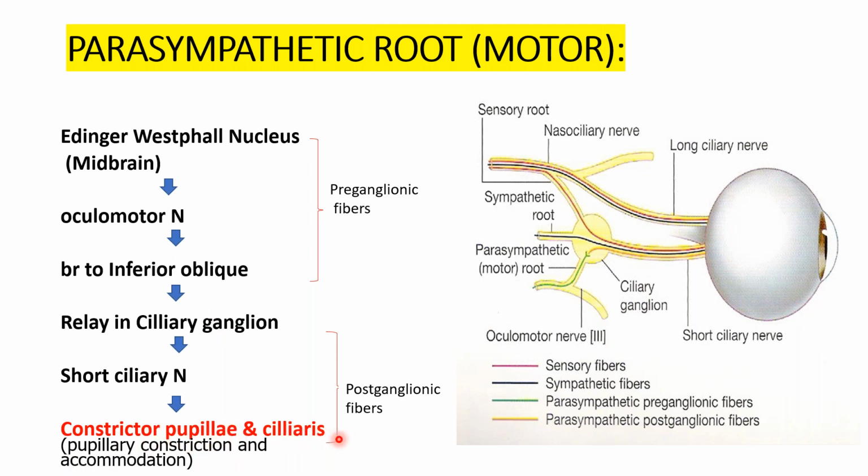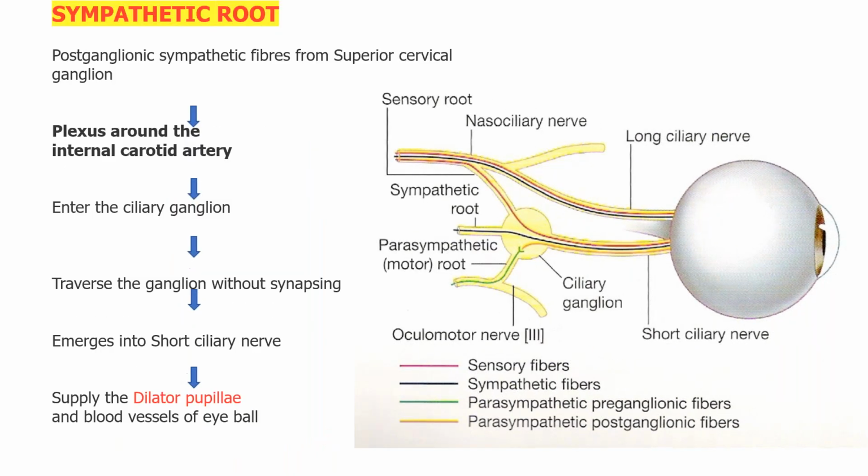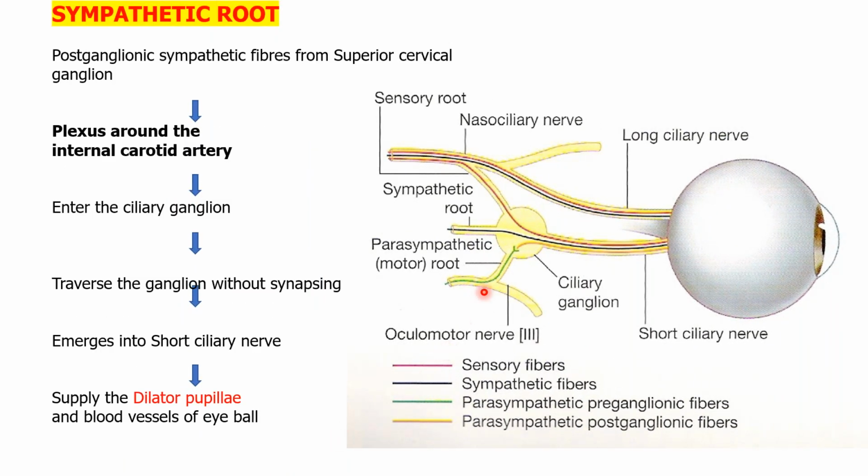Another flow chart that is important for you is the sympathetic route, simplified. The postsympathetic fibers arise from the superior cervical ganglion. They form a plexus around the internal carotid artery, and then enter the ciliary ganglion without making any synapse in the ciliary ganglion.